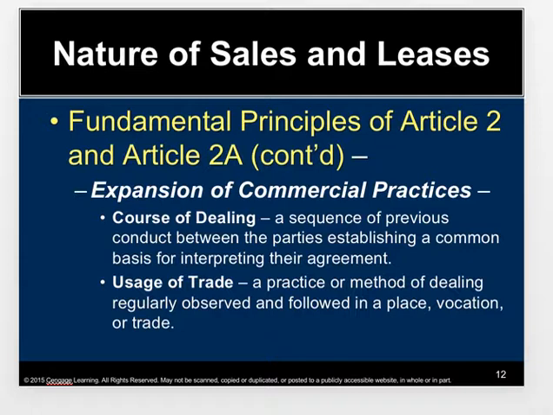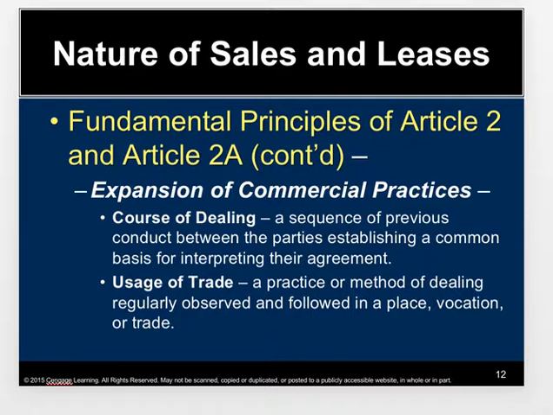Course of dealing simply is a sequence of previous conduct between the parties that establish a common basis for interpreting their agreement. So if for 4 or 5 years or throughout the course of our dealings, we acted in a certain way, then that establishes a basis for interpreting the agreement.